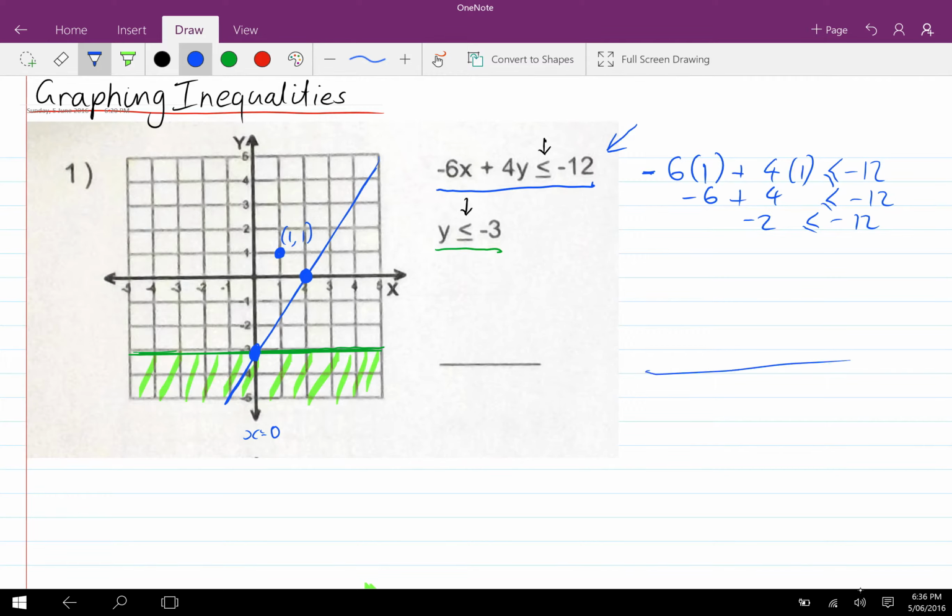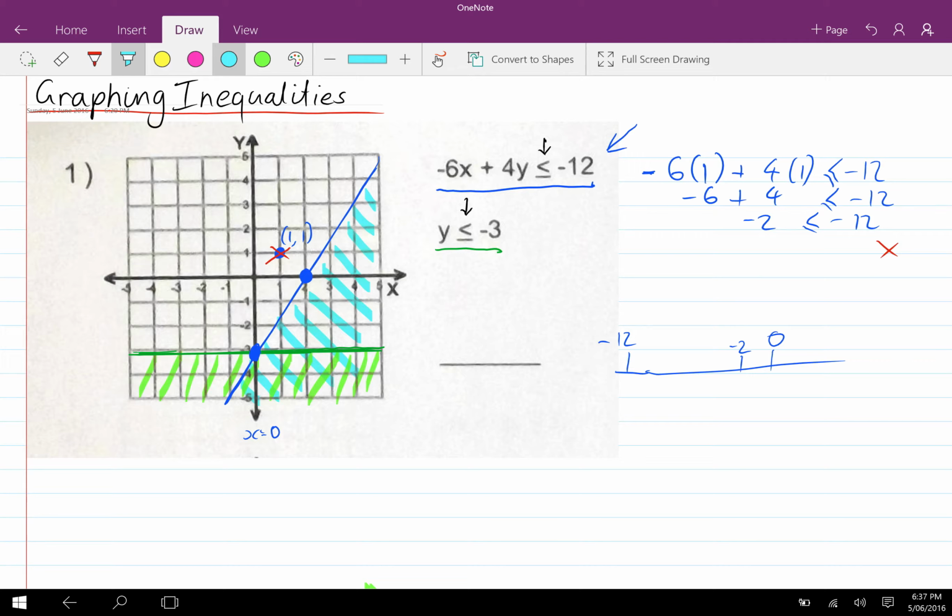Okay, if I had my number line and I started at 0, so it's a bodgy number line, it would be minus 2 over here and minus 12 way down there. So minus 12 would be smaller, so this is wrong. This point is wrong. But that tells me that I need this side of the line. This will be the right side.